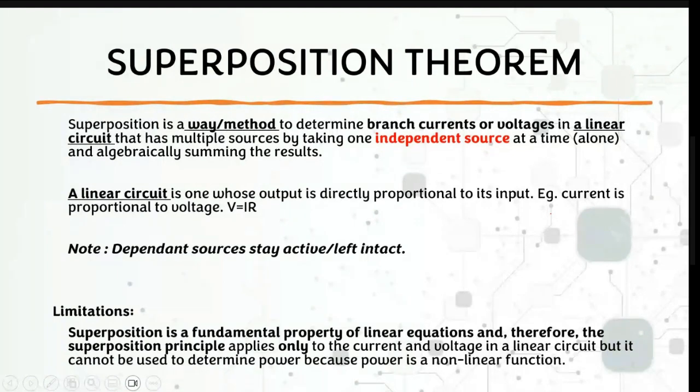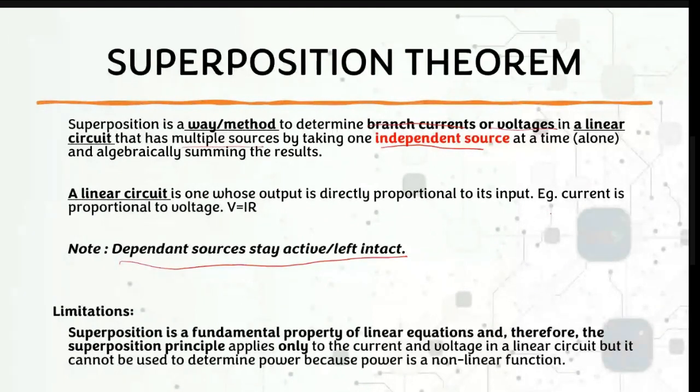We only take the independent source, and the dependent source we just leave intact. So this superposition theorem is a method to determine a branch current or voltage. It depends on the question, which has multiple sources.